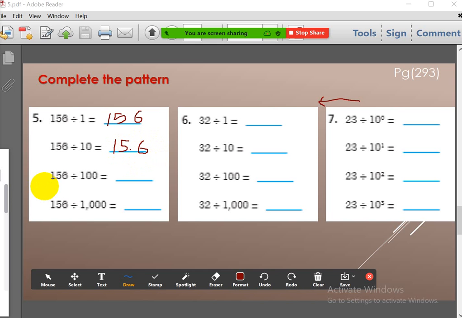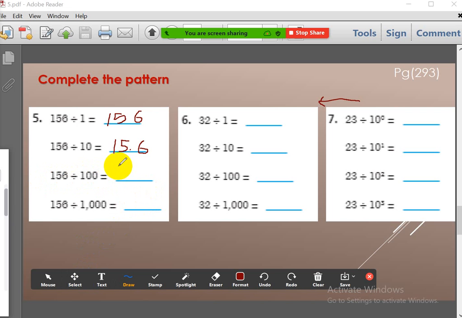Okay. If you have any question, girls, please type it in the chat. Now let's see this one. Yes, Dana, open your mic. Yes, teacher. What is the answer for this one? 156 divided 100. 0.156.